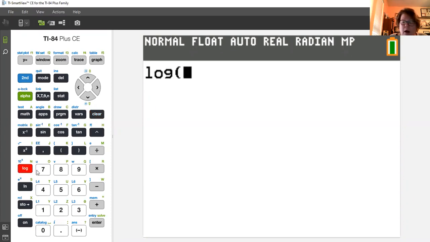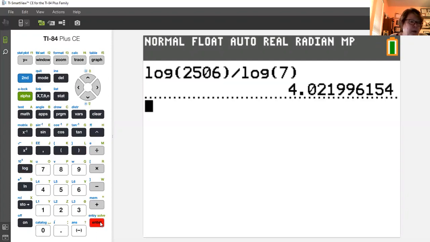I'm going to take the log of 2,506, and I must close my parentheses, must. And I'm going to divide that by the log of 7. Close my parentheses. All right, I'm going to hit enter, and I get 4.02 approximately.